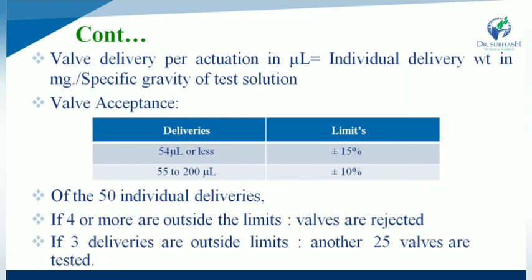Of the 50 individual deliveries, if 4 or more are outside the limits, the valve is rejected.